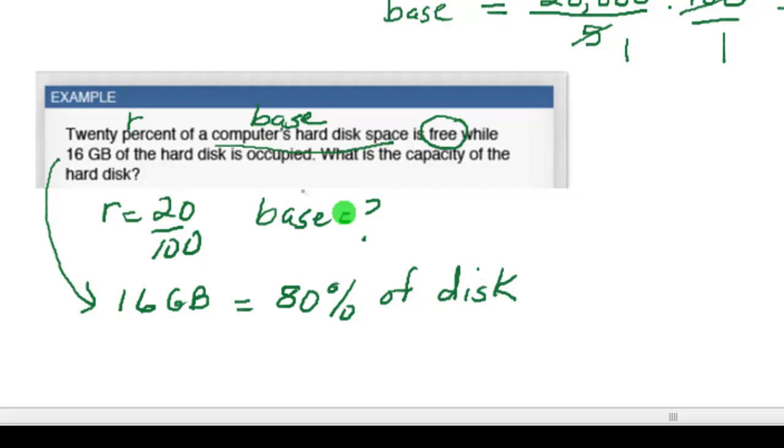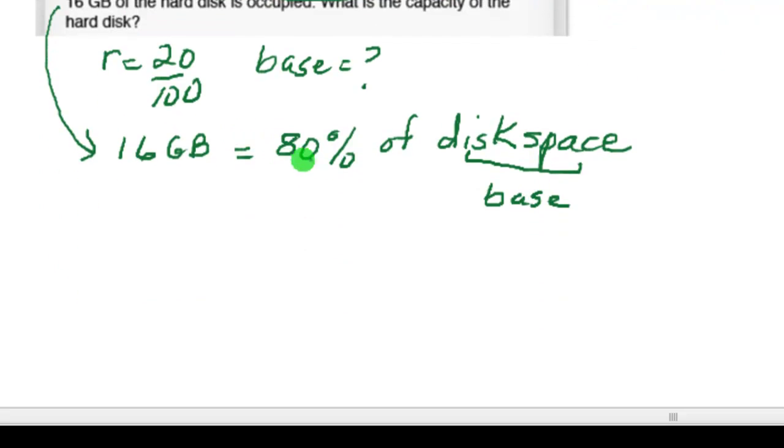Because 20% is free, and this is what's occupied, and you subtract 100 minus 20 gives you that 80% is what's occupied. So that 16 gigabytes is your 80% of the disk space, right? And so that's still the base that you're looking for. And so we're going to use the 80 for this one.